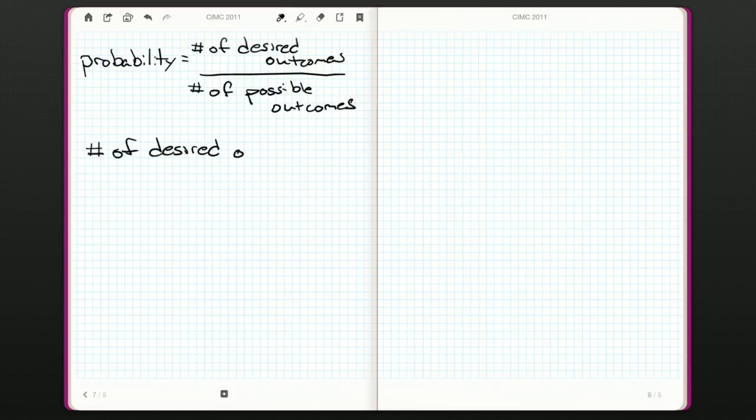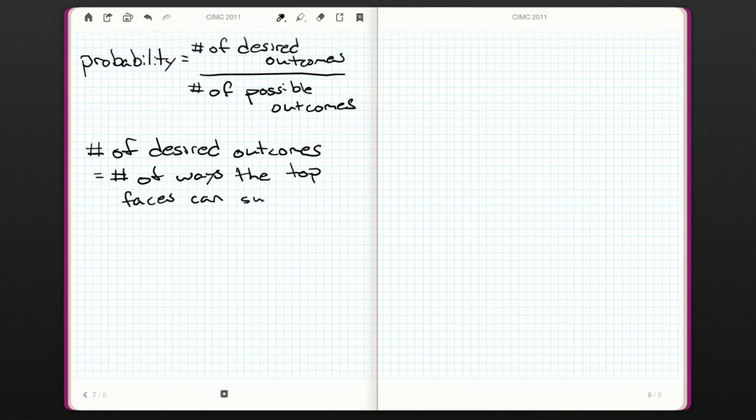So first, let's calculate the number of desired outcomes. That is, the number of ways that the top faces can sum to a perfect square.